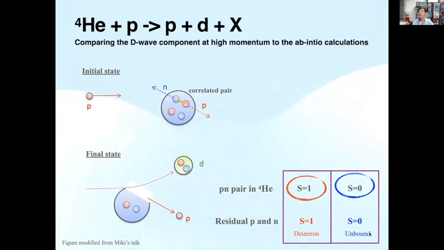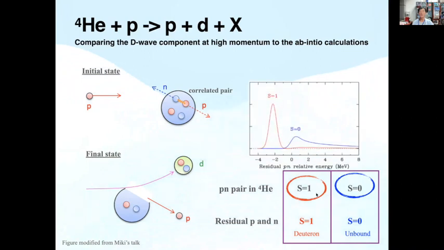And if you observe an unbound state, then it's S equals 0. Okay, so that's the principle of the measurement. So essentially, if you observe the relative energy of the remaining two particles, for S equal 1, it should have a neutron and some other continuum spectrum.